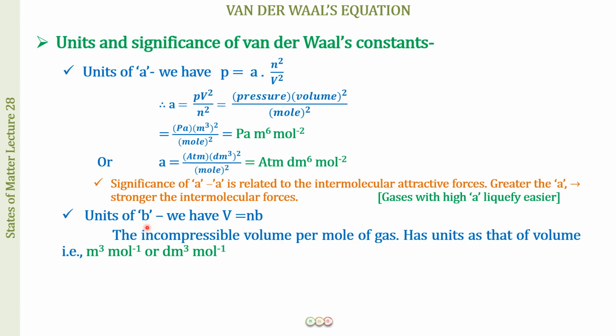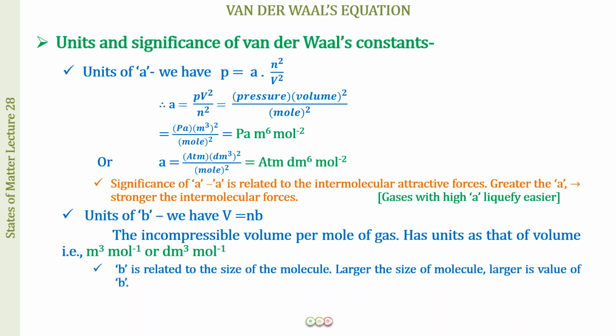So if the volume is expressed in meter cube, the units of B are meter cube mole inverse, or if it is expressed in decimeter, then it is decimeter cube per mole. Okay, I hope this is clear.